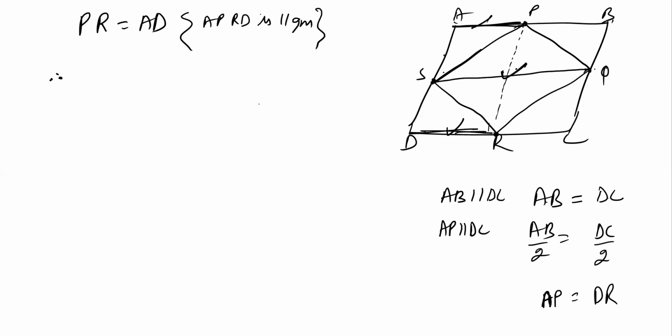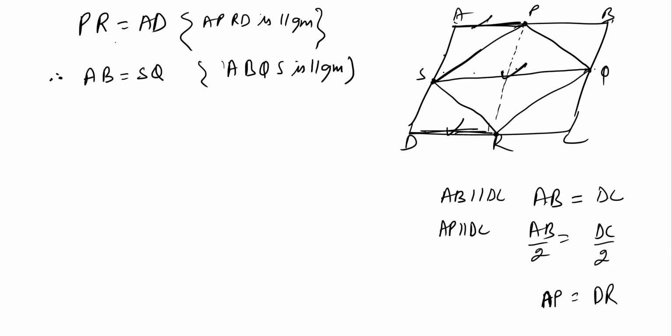Similarly, you will see that ABQS is also a parallelogram. So we can say that AB is equal to SQ. Why? Because ABQS is also a parallelogram. Got it?